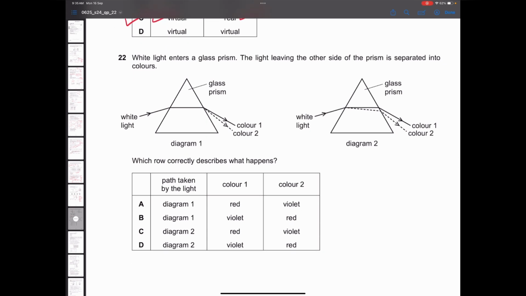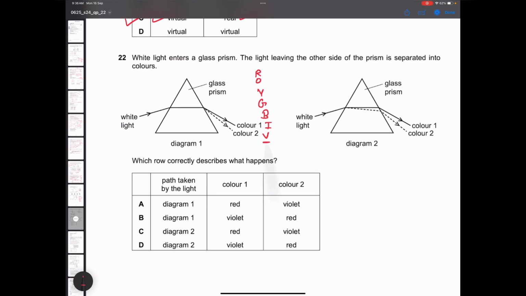White light enters a glass prism. The light leaving the other side of the prism is separated into colors. Which row correctly describes what happens? First of all, when this type of diagram is there, we need to know the order of the colors, VIBGYOR.